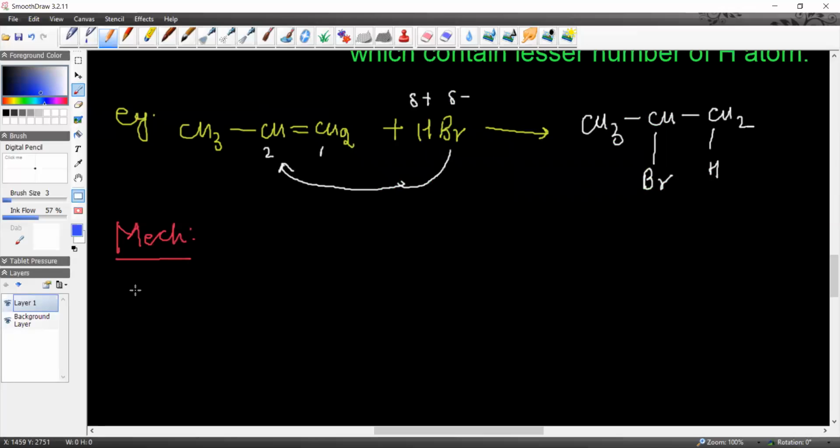Step number one is the addition of electrophile.